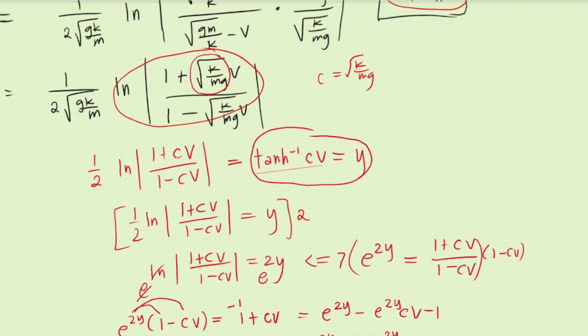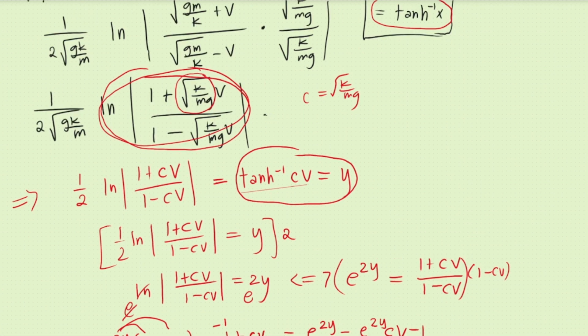So now we can use this formula to simplify this term here, okay? Because this is just similar to having our c here. So we'll just make this the inverse hyperbolic tangent of cv, where c is square root of k over mg. We can express this as the inverse hyperbolic tangent of square root of k over mg times v, okay?